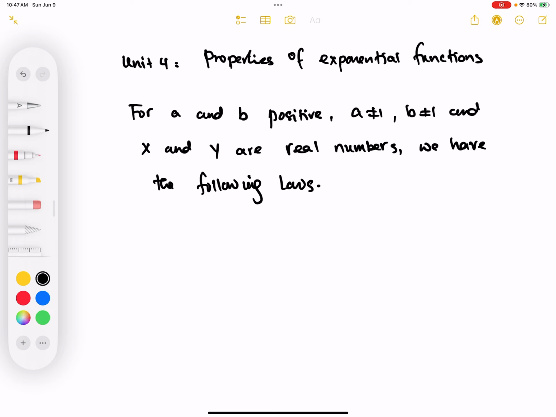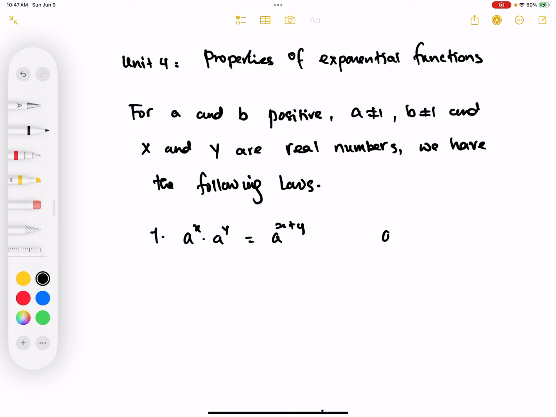The first one is, if you have the same base, a to the x times a to the y, you can represent it by a single base, and you have to add the exponents.